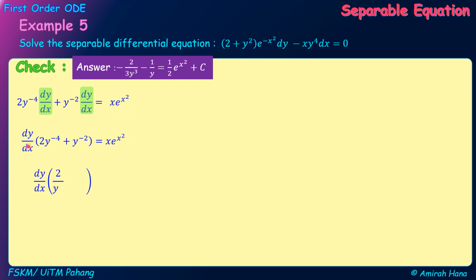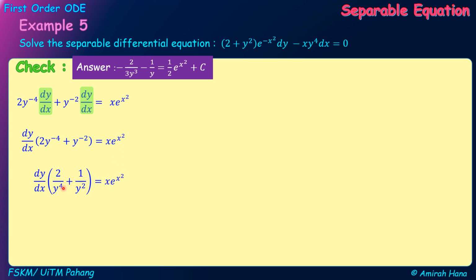Okay. Then we can write dy over dx times, in the bracket, we write 2y to the power of negative 4 into the form of 2 over y to the power of 4 using the properties of indices. And then plus, we write y to the power of negative 2 into the form of 1 over y squared using the properties of indices. Okay, and then equals x e to the power of x squared.